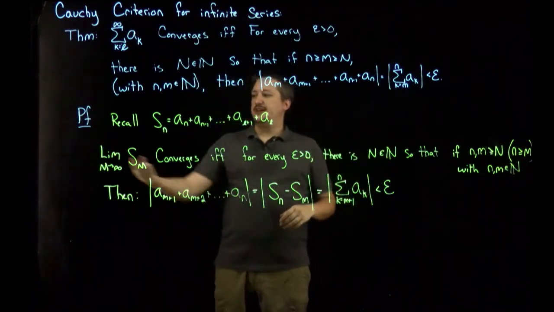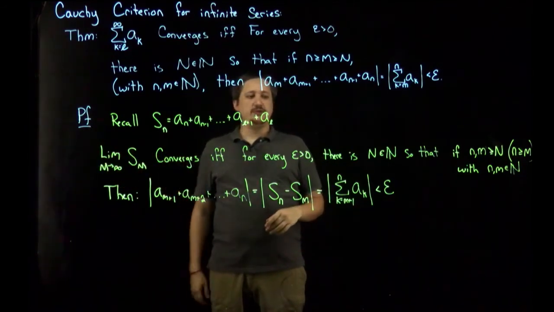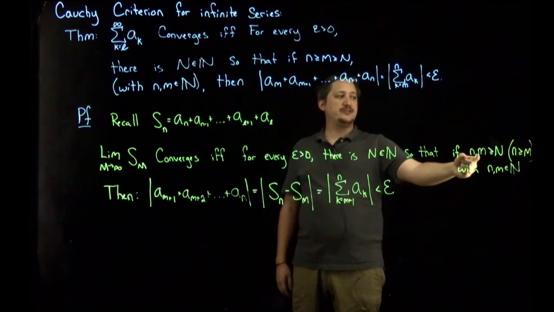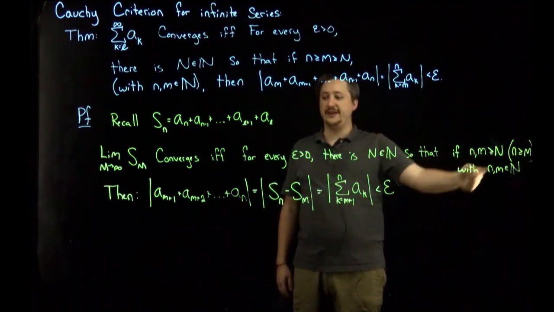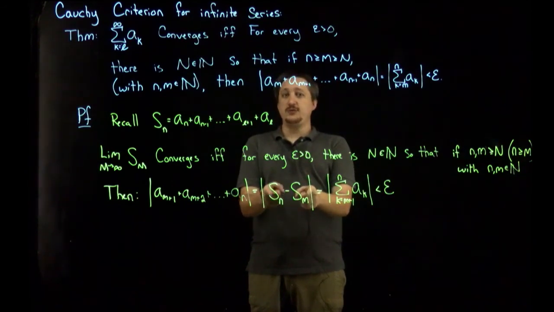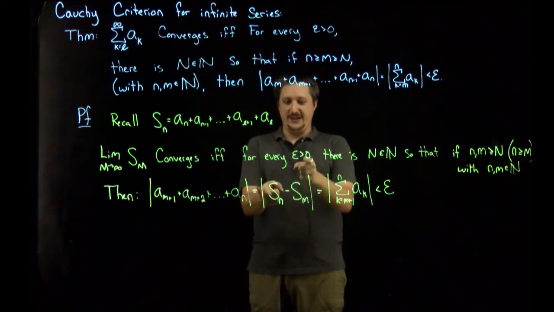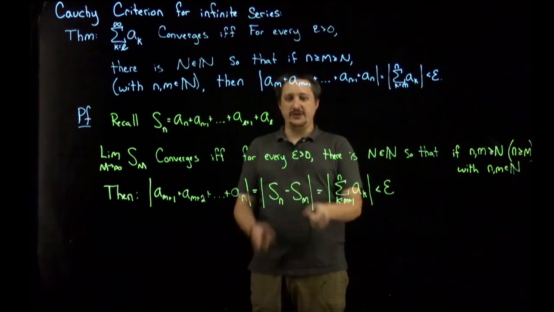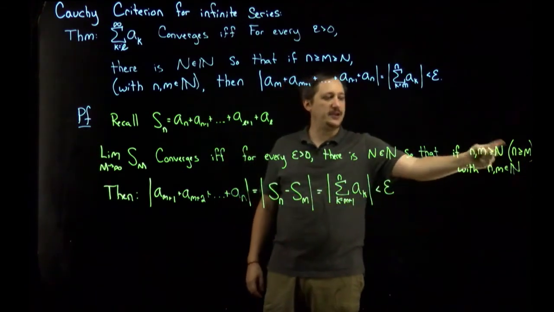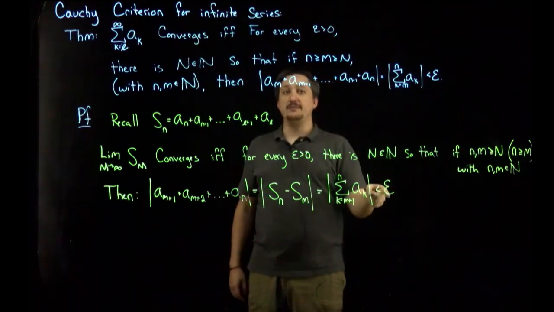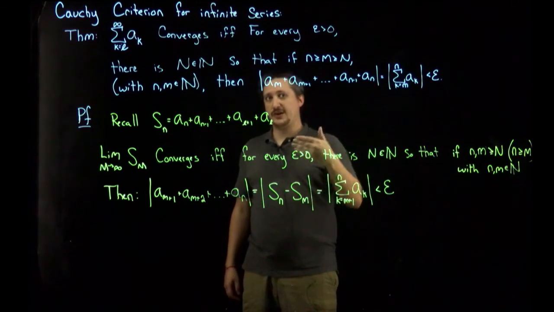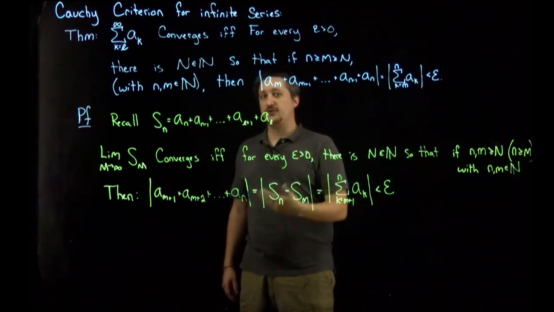So in sequences, I'm saying that the limit of a sequence converges if and only if, for every epsilon, there's some number such that if I pick two indices bigger than that number, the difference of those two sequence values, Sn and Sm, is less than epsilon, right? The Cauchy tail: if I pick any two in the tail after capital N, they are at most epsilon apart. That is literally the Cauchy criterion for the convergence of sequences.